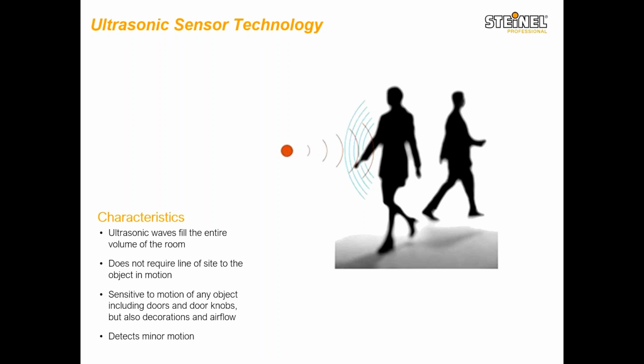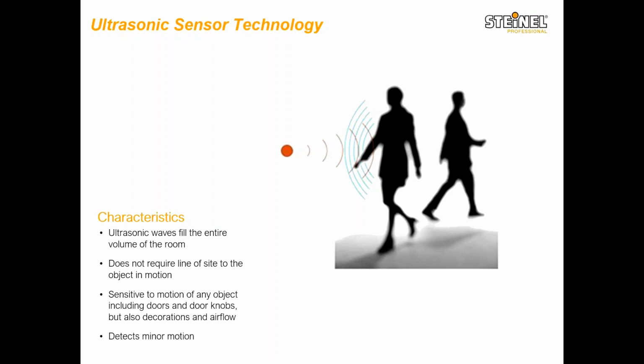A couple of main characteristics. Sound waves fill the entire volume of the room, which in turn means you don't need line of sight for the object in motion, because you're talking about the whole air volume of the room and how it vibrates. This also means that your source of movement doesn't have to have any kind of heat signature. It can be anything at room temperature, or at equilibrium with the room temperature, that moves or vibrates.